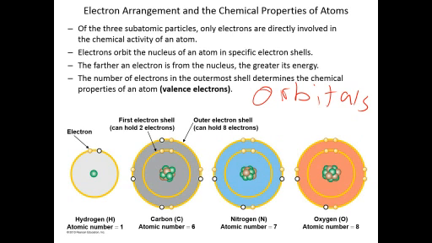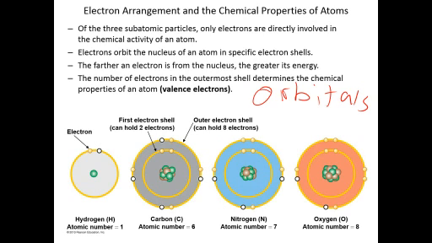Orbital and shell are interchangeable. Now, when you're talking about shells, the electron shell that we are the most interested in is the outermost electron shell. The valence electrons are found in the outermost shell.